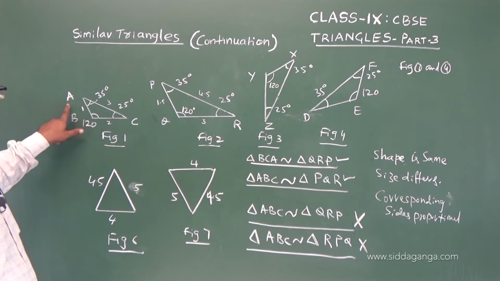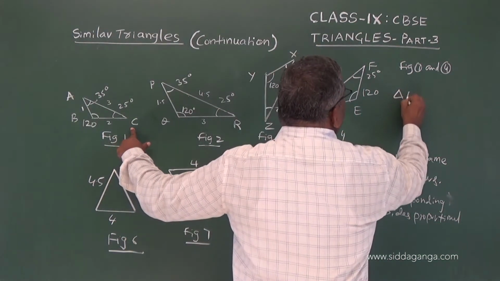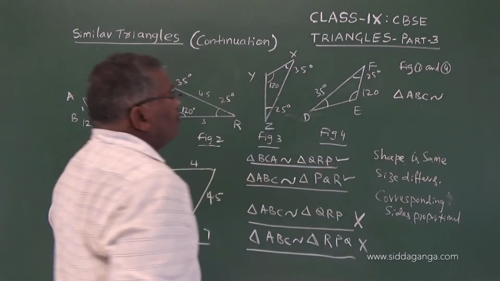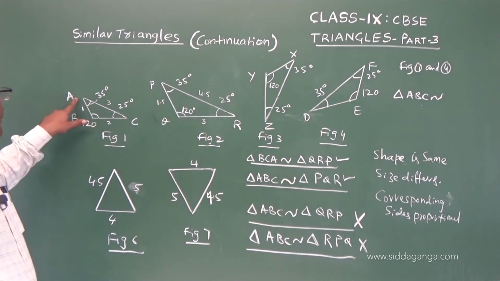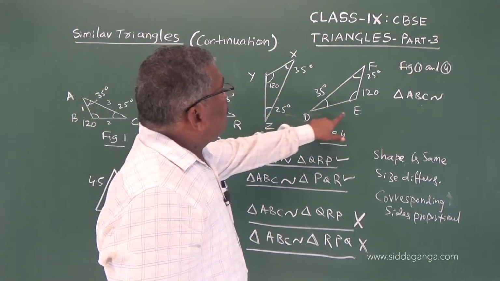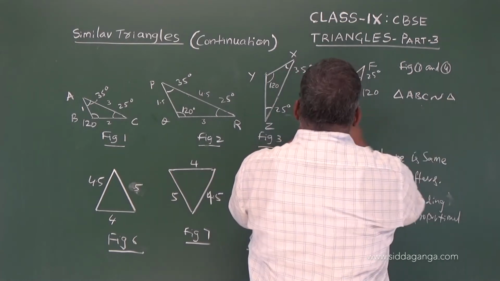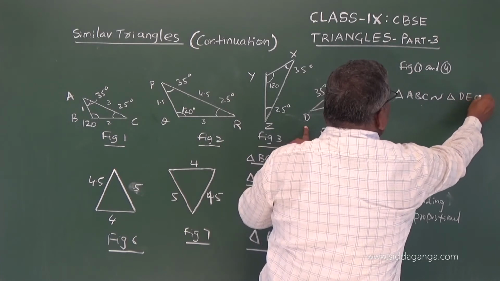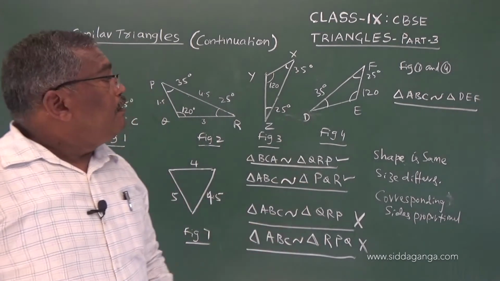If I write triangle ABC is similar to, I have started with the angle of 35 degrees and proceeded towards 120 degrees. So here it is 35 degrees and 120 degrees. This is triangle DEF. This is the correct way of writing.